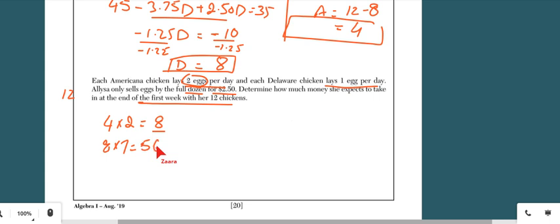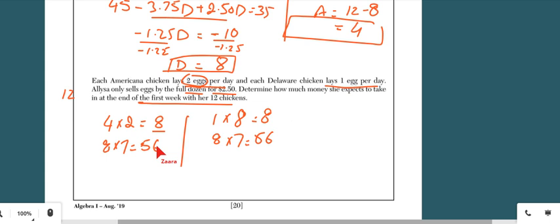8 times 7 is 56. Okay, now the next one, it will give 1 egg per day. There are 8 in number, so we will get 8 eggs from Delaware, and now 8 times 7 is 56, right?